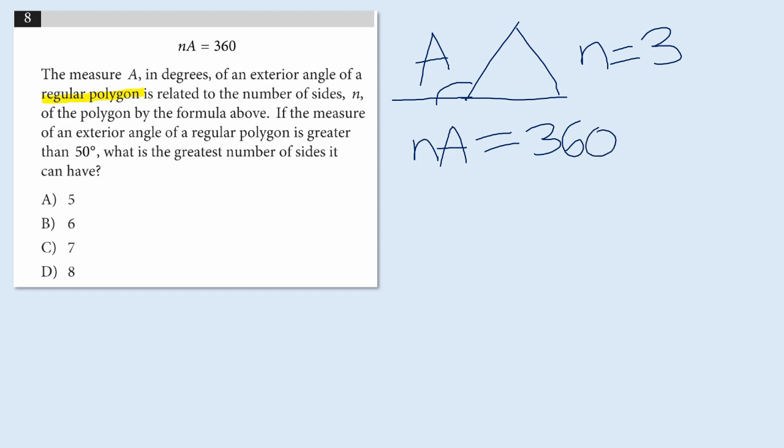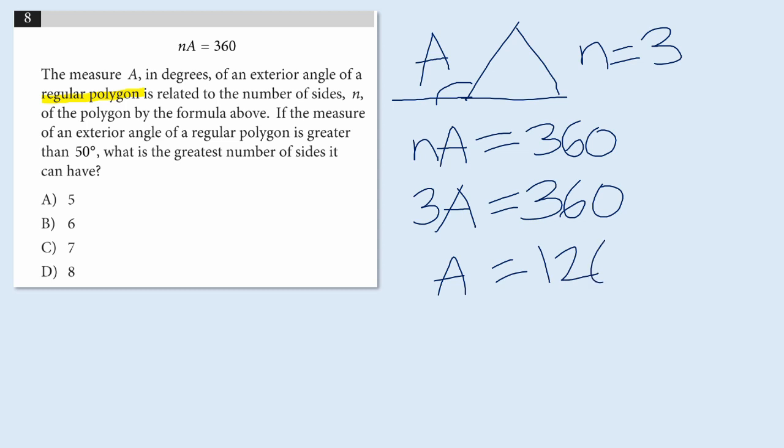So let's substitute 3 in for n. So I have 3A equals 360. And then what would A equal? Yeah, A would equal 120.